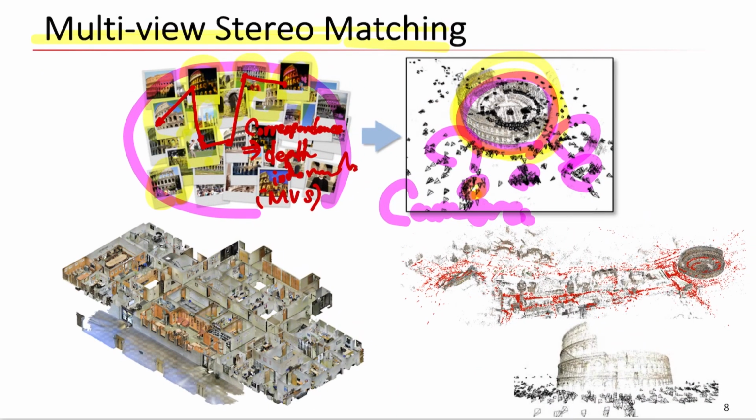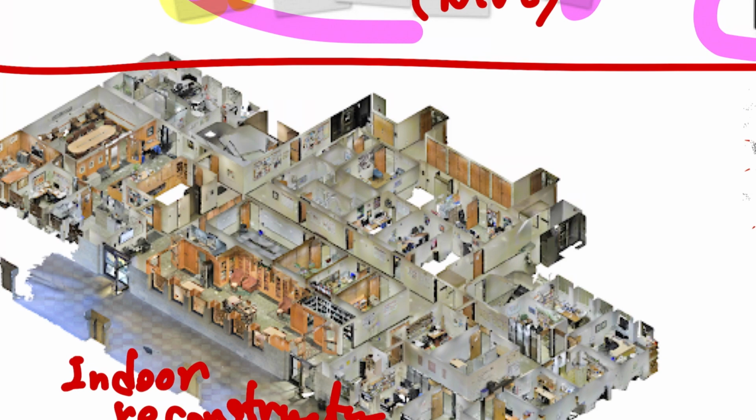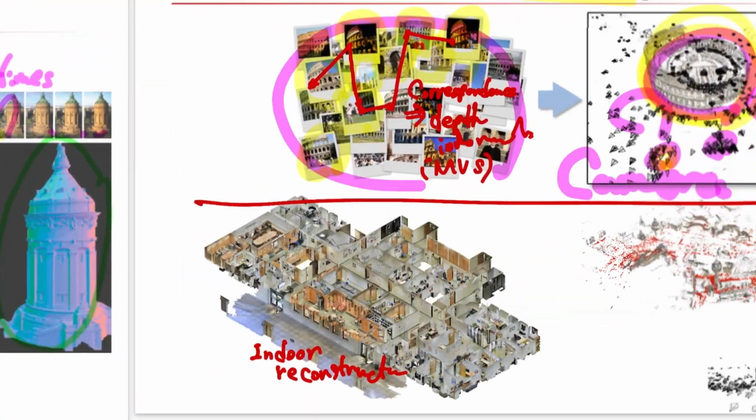This is called MVS, or multi-view stereo matching. So by using this technique, we can reconstruct the real world. As you can see here, this is the indoor reconstruction result. The quality of the reconstructed images is very high, and this is the outdoor reconstruction.